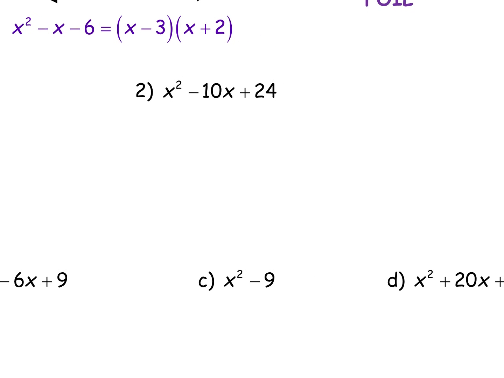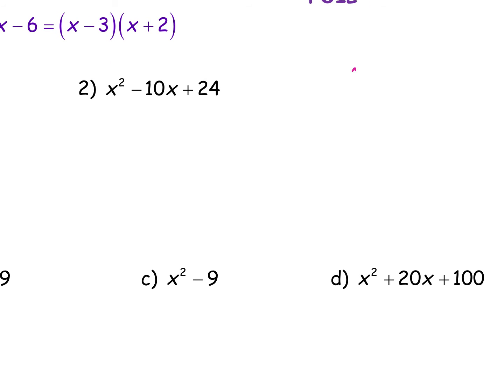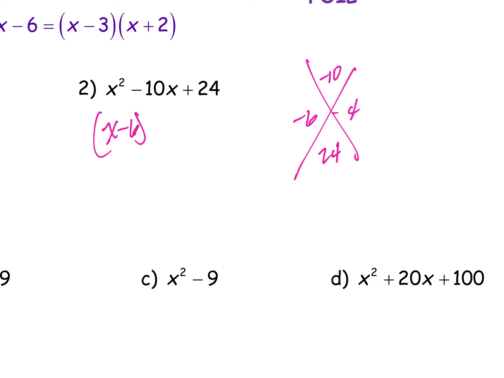And then for number 2, same thing. I need two numbers that multiply to be 24 and add to be negative 10. Is it -6 and -4? It is. Nice page. So x minus 6 times x minus 4. Done.